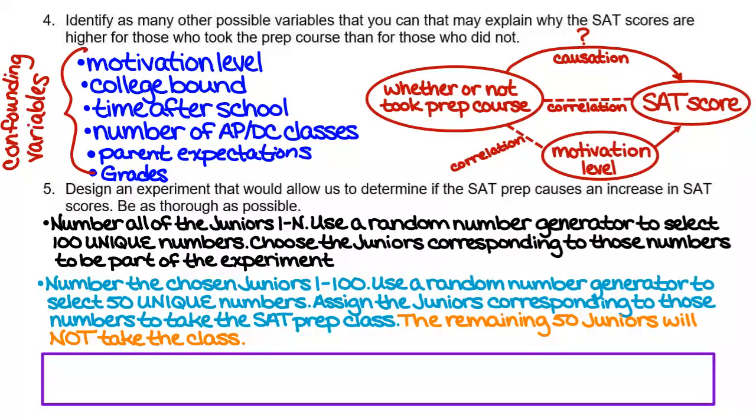And then really important, and I wrote this in orange so that it would stand out against the blue, you have to say what happens to the rest of the people. We can't just leave it up to the imagination that the other 50 people are obviously going to not take the class. You have to clearly and explicitly state that.